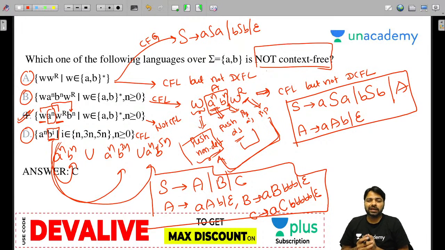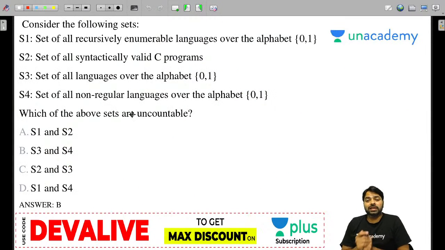This is another interesting example. And these days, if you assume easy questions are there, difficult questions are there too. Remember the two. Next, undecidability or countability. These kinds of concepts are very important.